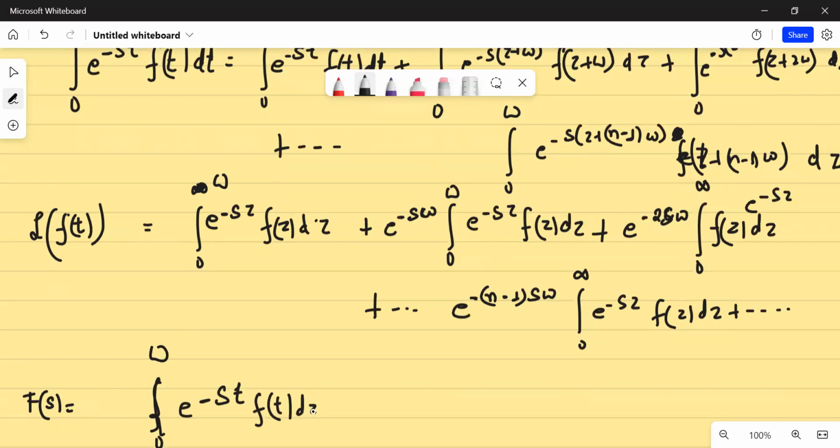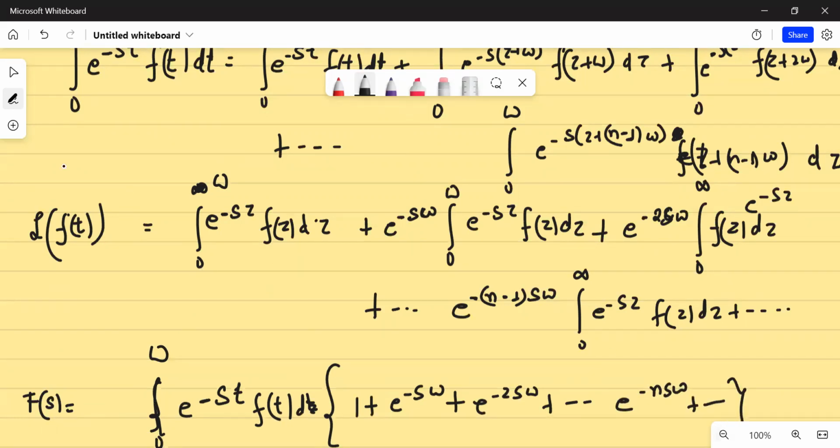Again, you can try to use the t variable only. Times 1 plus e की power minus sω plus e की power minus 2sω plus dash dash dash e की power minus nsω dash dash dash. There are infinitely many terms.